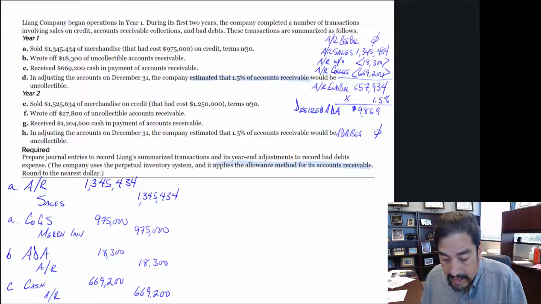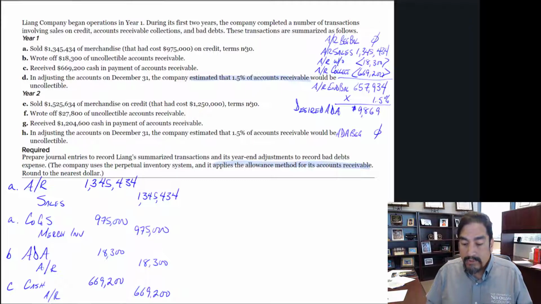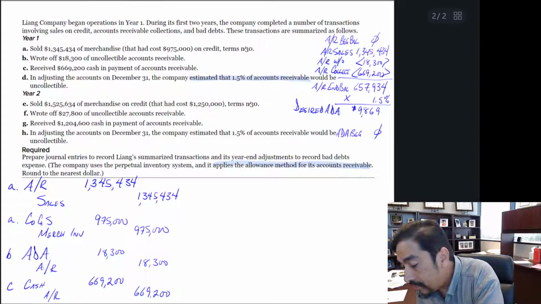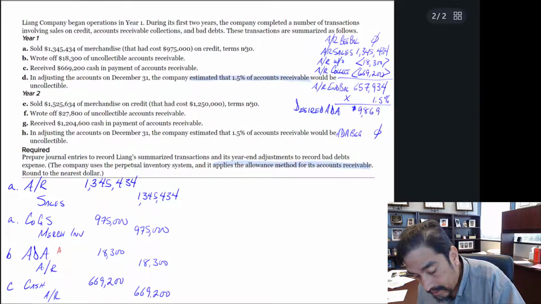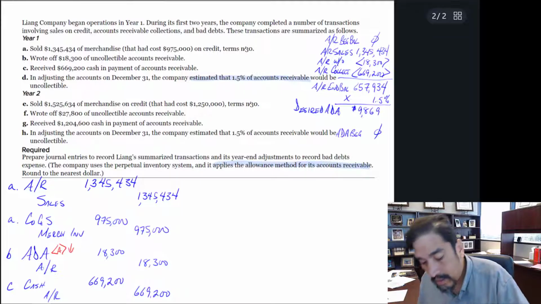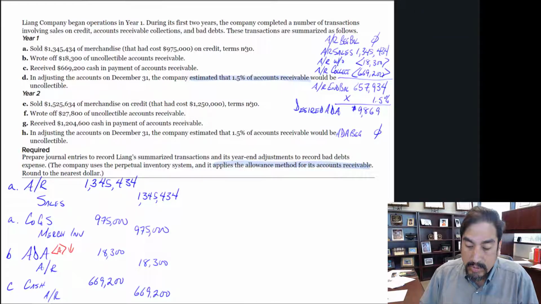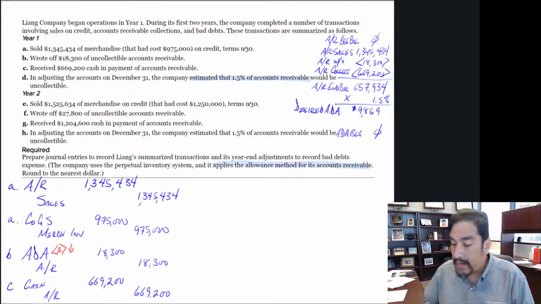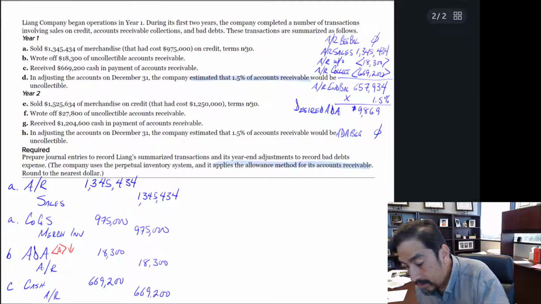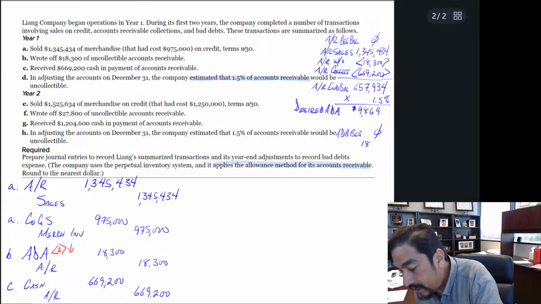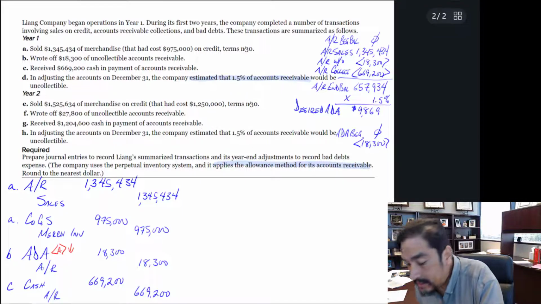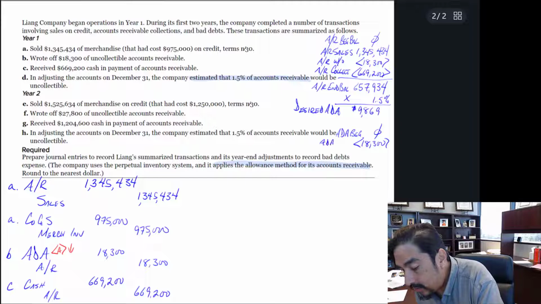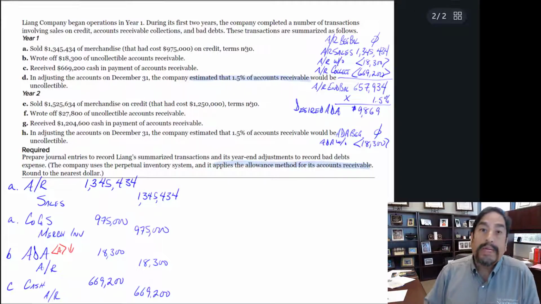So nothing in A1, nothing in A2. We hit it in B. Remember, the allowance for doubtful accounts account is a contra asset account, so when we debit it, that means we're using some of it up. So 18,300 is the ADA write-off, where we use some of that up.